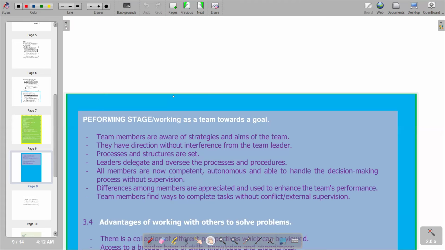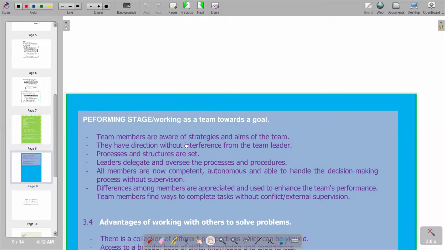That is, the performing team is now stable, organized, and also efficient. Consensus is easily achieved through shared understanding of goals and motivations. In the event of conflict, it is dealt with effectively. So these are some of the positives that we can deduce from the performing stage.